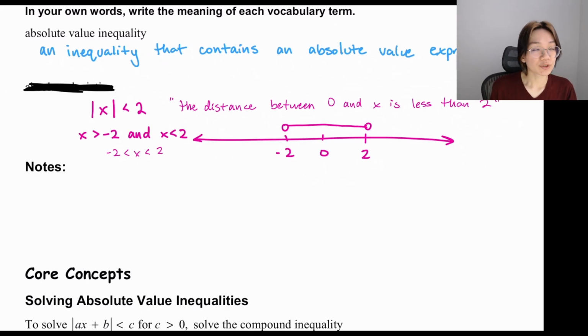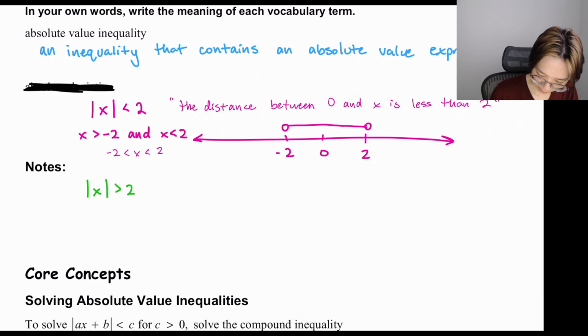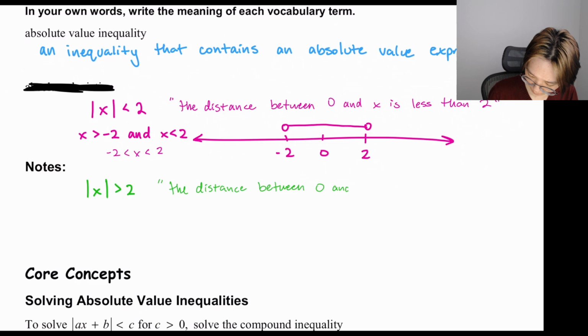If we do the other way around, the absolute value of x is greater than 2, which means the distance between 0 and x is greater than 2.